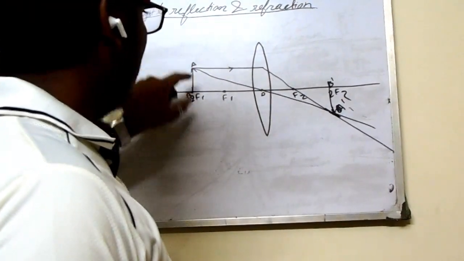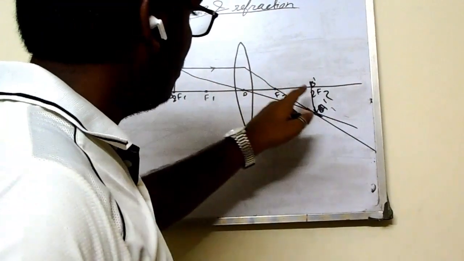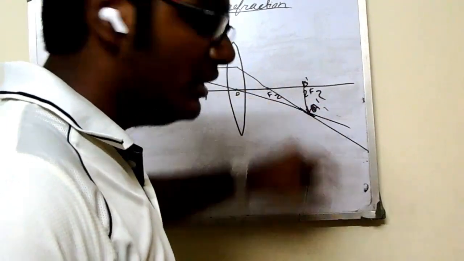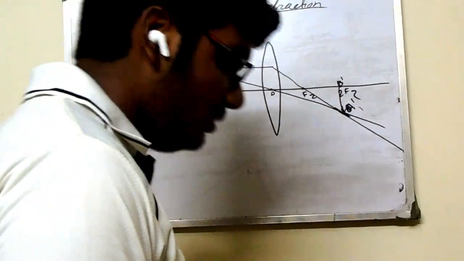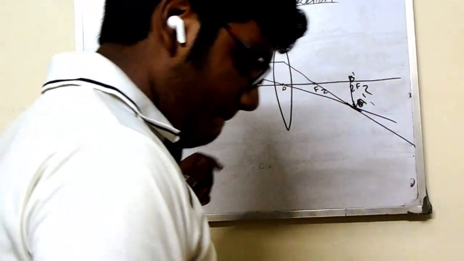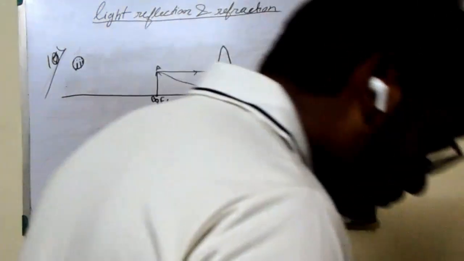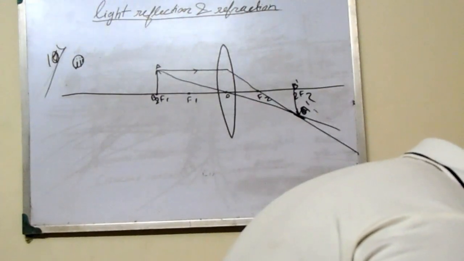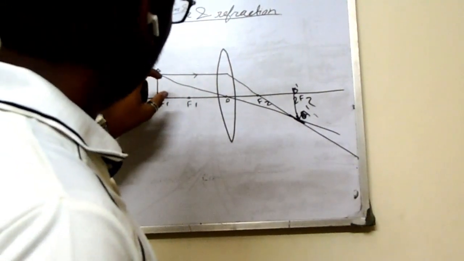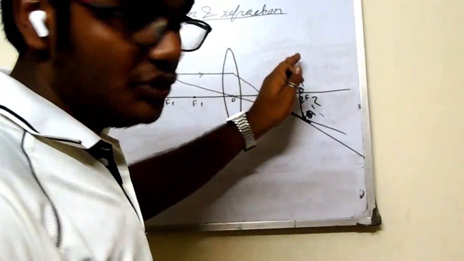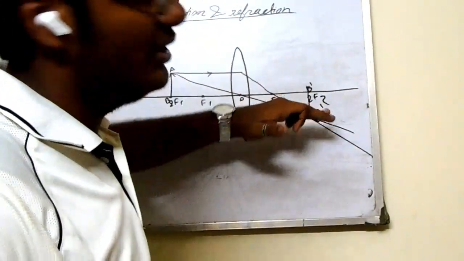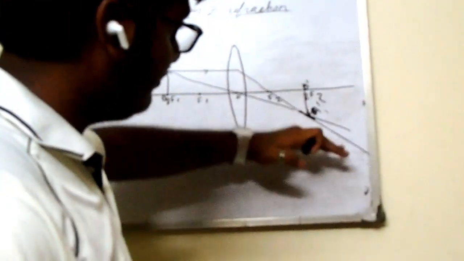Position of the object at 2f1, position of the image at 2f2, size of the image enlarged, larger than the object size. Okay, and the nature of the image is virtual but inverted.